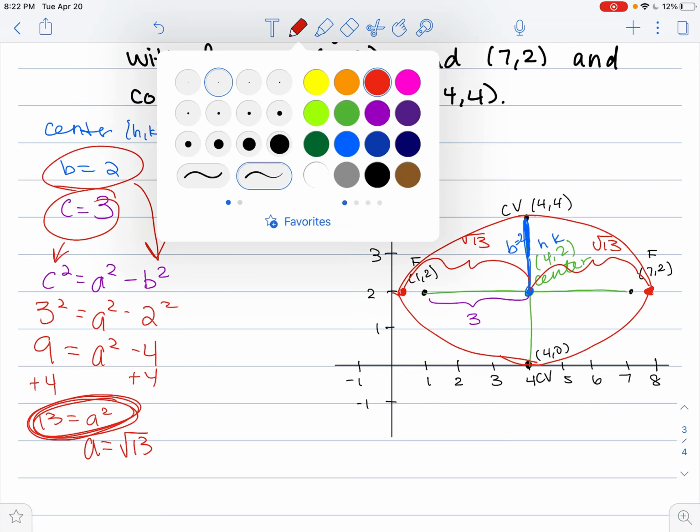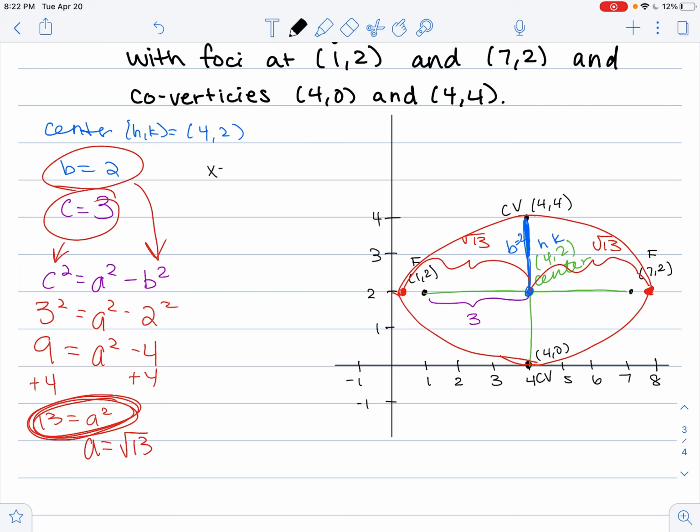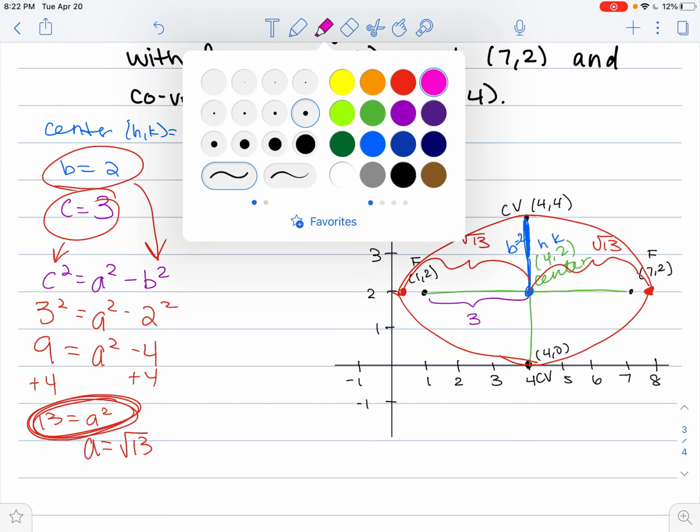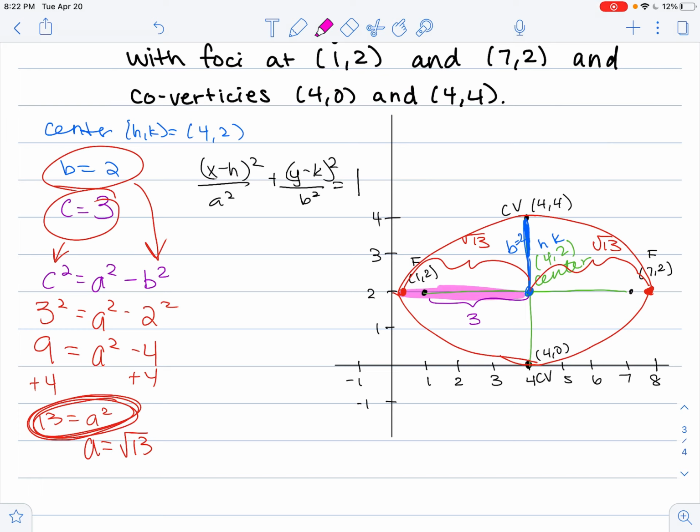So I know if it's a horizontal ellipse, I'm going to be plugging it into (x minus h) squared over a squared plus (y minus k) squared over b squared equals 1. And remember, again, that's because once we know where the major axis is, if it's in the horizontal direction, we know that the big number, which is a, goes under the x.